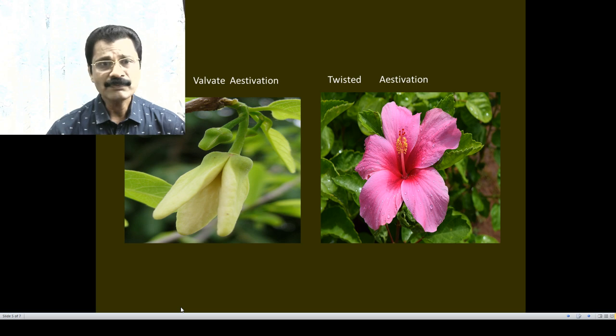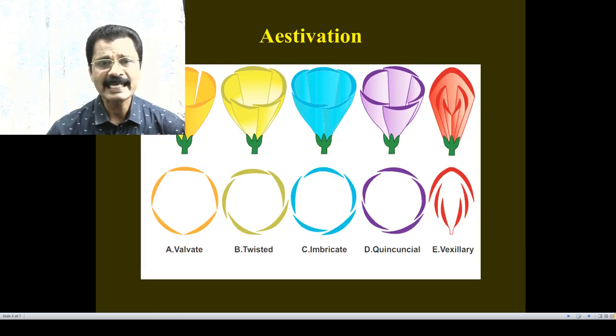The next one is imbricate estivation. In the case of imbricate estivation, there are 5 sepals or petals. One is completely outside and one is completely inside. The remaining 3 sepals or petals are in and out position. Such a type of estivation is called imbricate estivation.